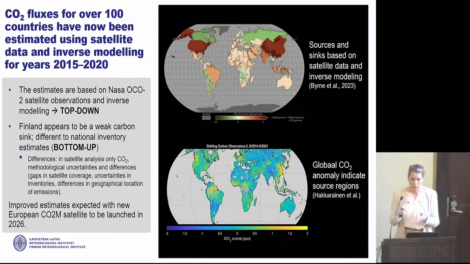So this is now based on using the satellite data and the atmospheric modeling to derive this type of estimation, called top-down emission estimation. And the results here are, as you notice, different than the reported inventories-based estimates of the carbon sinks and sources, which are referred to as bottom-up, which model the behavior and consumption of fossil fuels, etc. So calculational values.